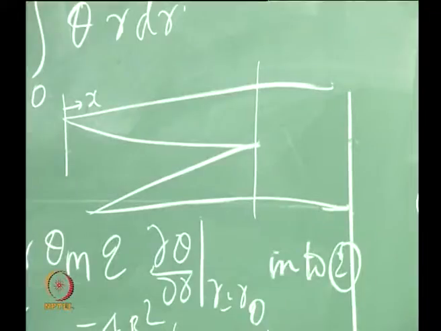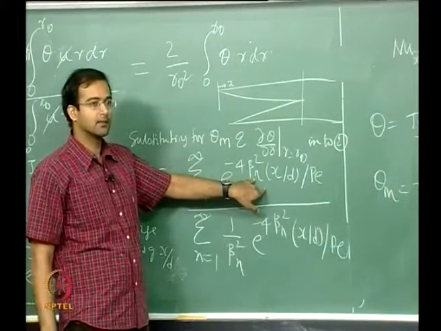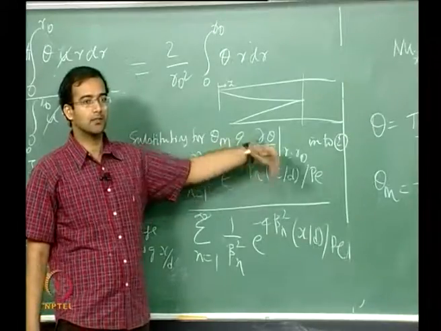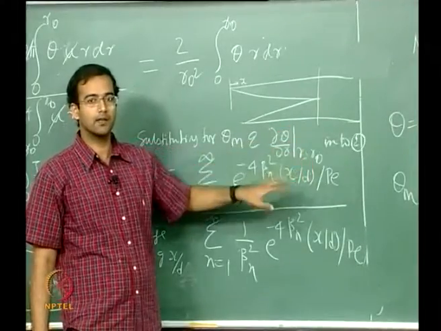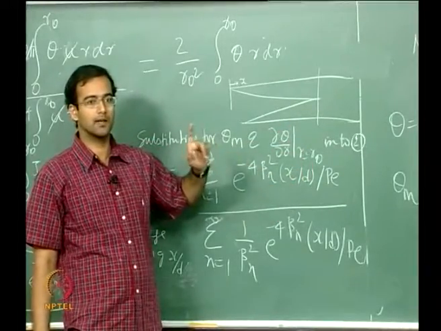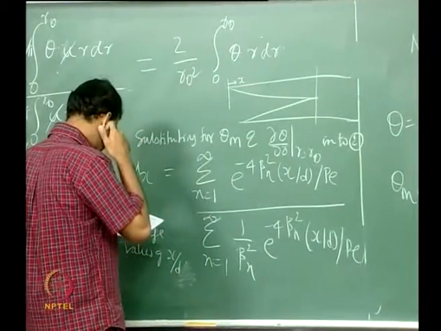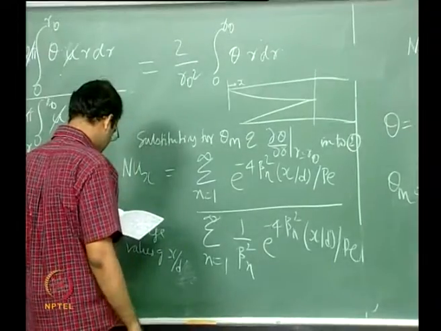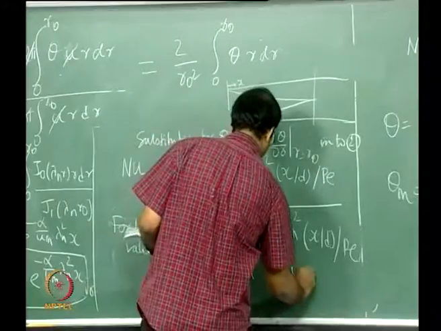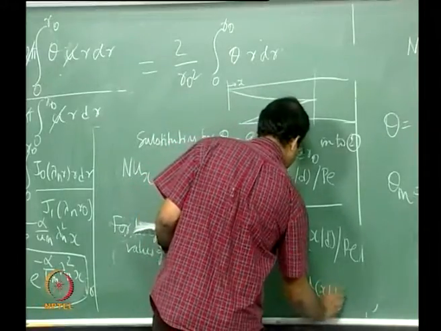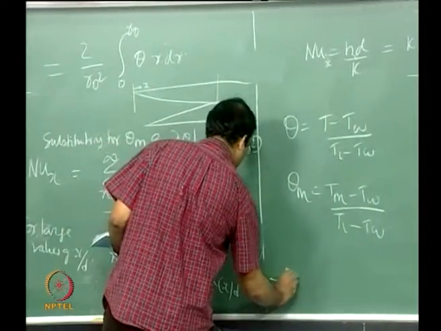In that limit, these values of beta n will be smaller and smaller as you go to larger values of x. Therefore we retain only the first value of beta, which will be the most dominating term. Only the first term will be significant for large values of x by d. So Nu, as x by d goes to infinity, will reduce to just beta 1 square.